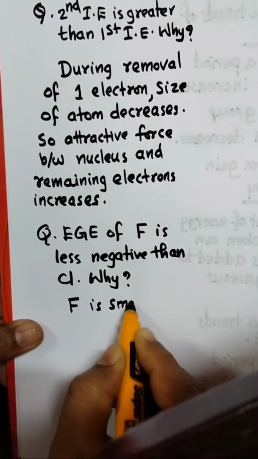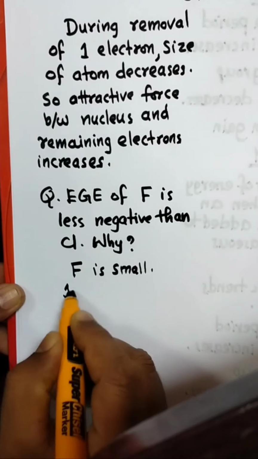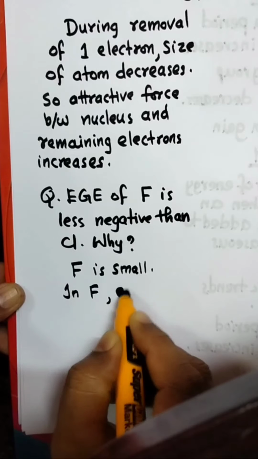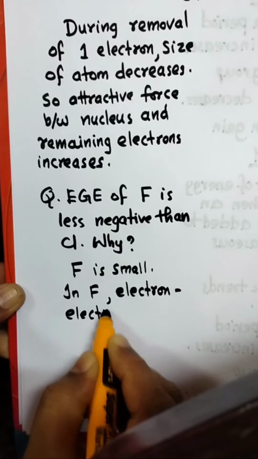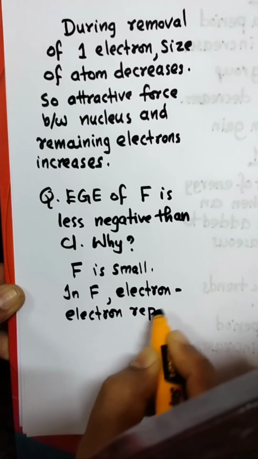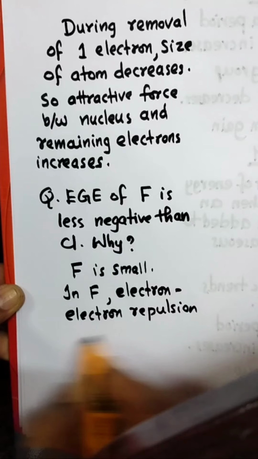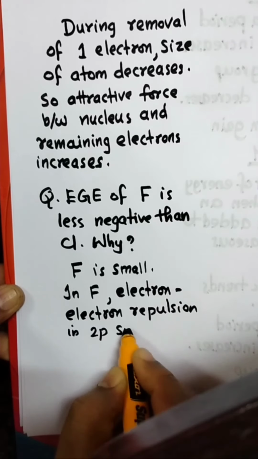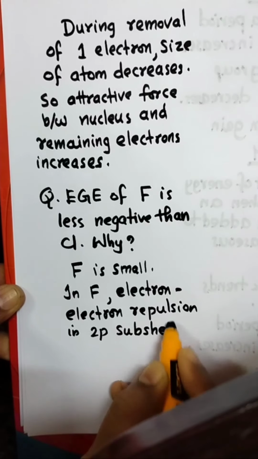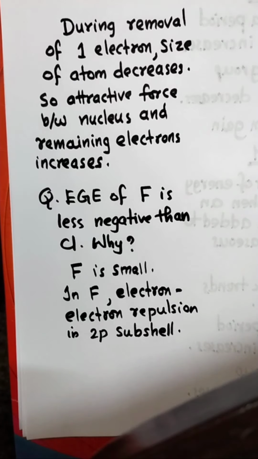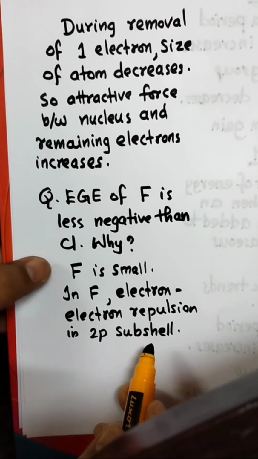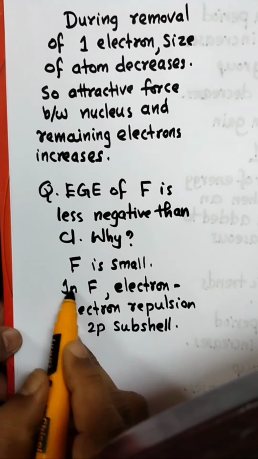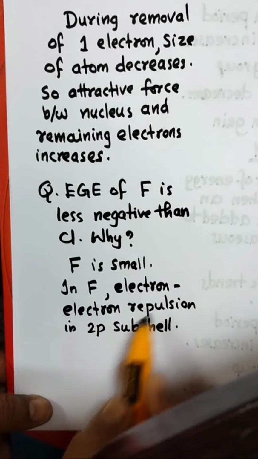In fluorine, there is electron repulsion in 2p subshell. So, incoming electrons are repelled and hence electron gain enthalpy of fluorine is less negative than that of chlorine.